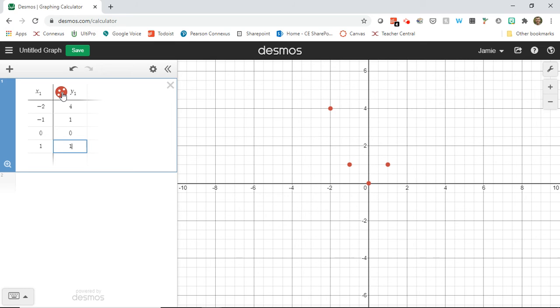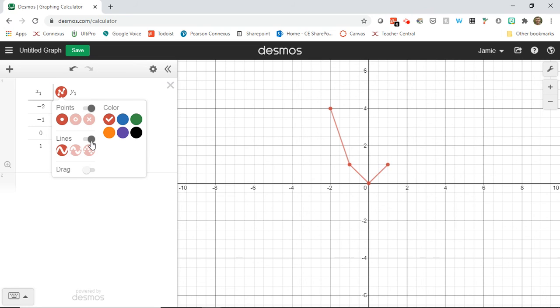If I click and hold this, it's going to give me some options here. I can change how the points look. I can make it connect with lines. I can click and drag those. Then you have some options with your lines as well.